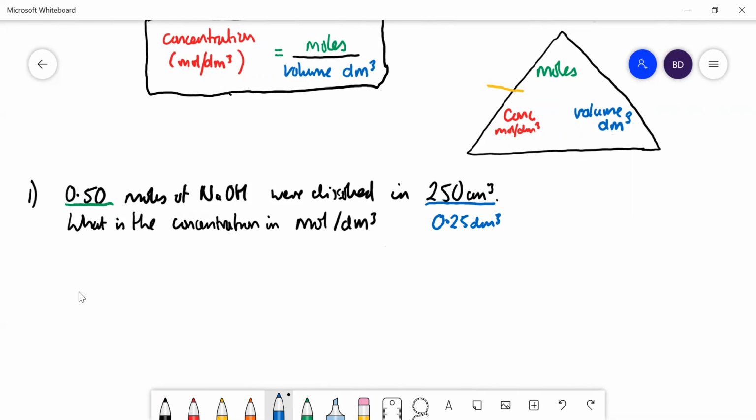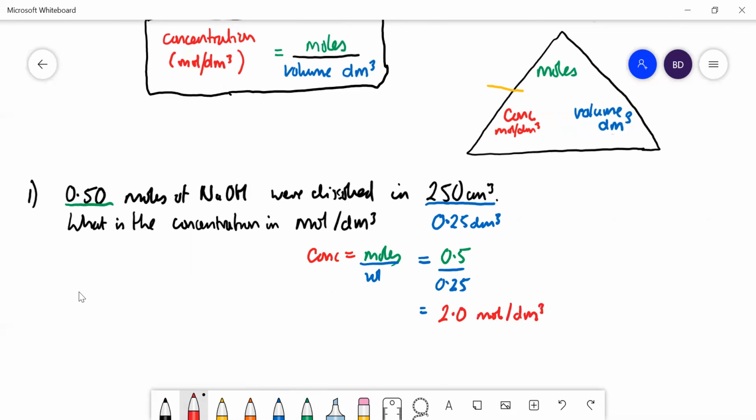We need to put our numbers into the equation, so we get concentration is equal to moles over volume. So that's equal to the moles, 0.5, over the volume, 0.25. That gives us 2 moles per decimeter cubed. That's the concentration of that solution.